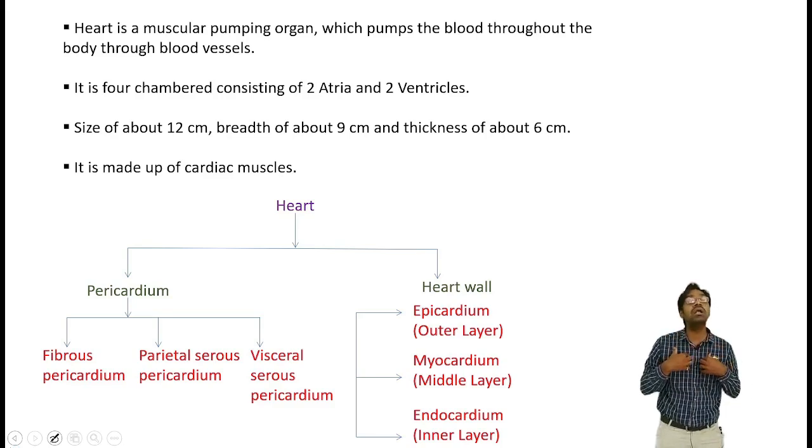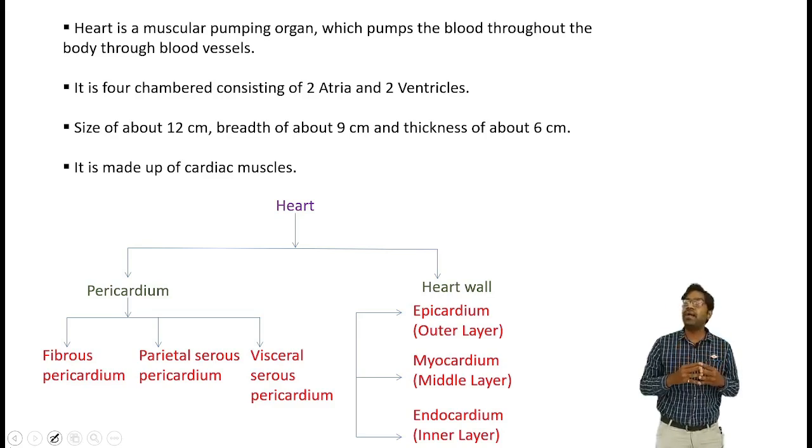They are not under the control of our will. That's why the cardiac muscle operates on its own by the generation of action potentials in it.